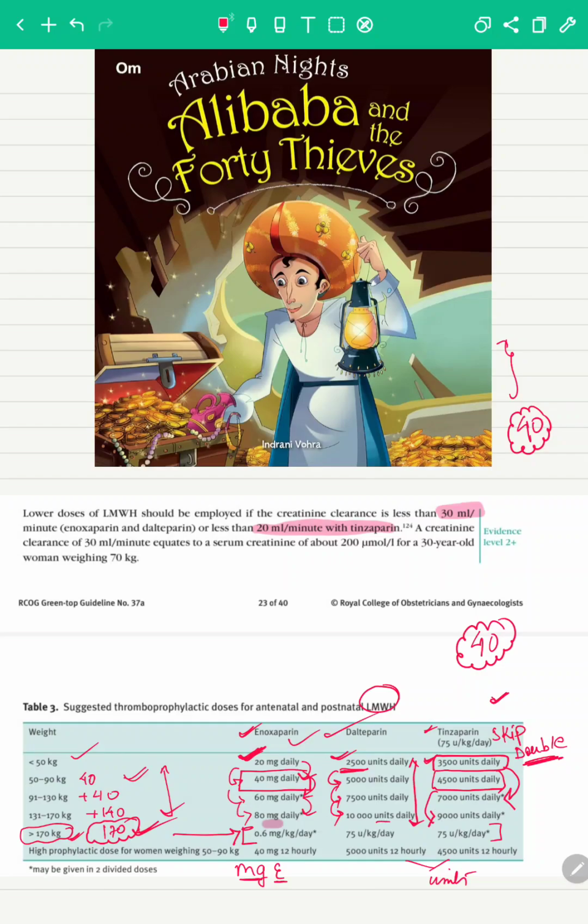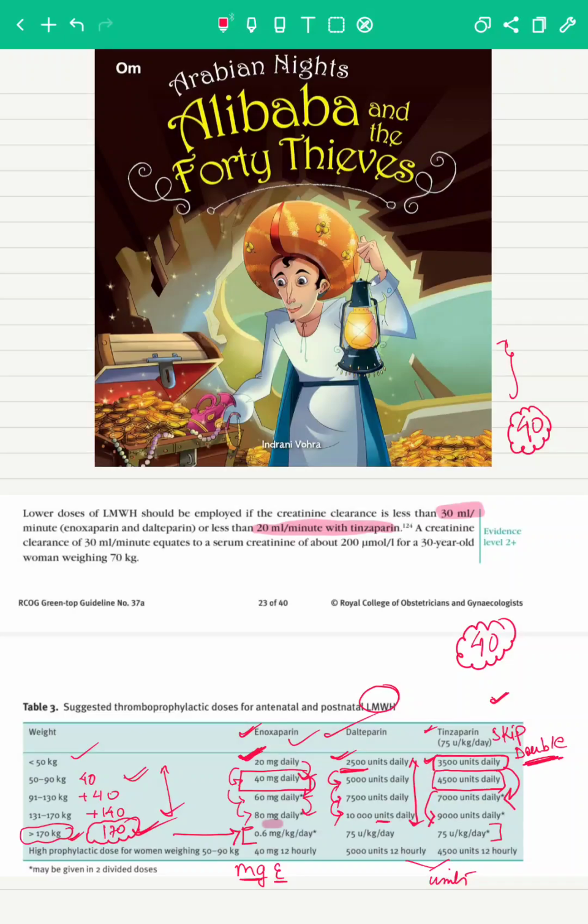Units daily. And there are a few cases where the patient is on long-term anticoagulation. It could be antithrombin 3 deficiency patients, or any kind of high-risk patient where there is long-term use of anticoagulants. This dose will not suffice for those patients.